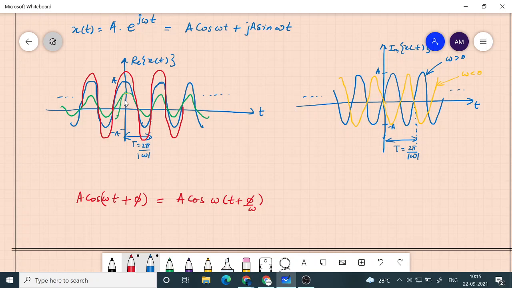Whatever waveform you are seeing, if you shift it to the right or to the left, it keeps the same shape. For example, if I shift it by pi by 2, the resulting waveform will become something like this.